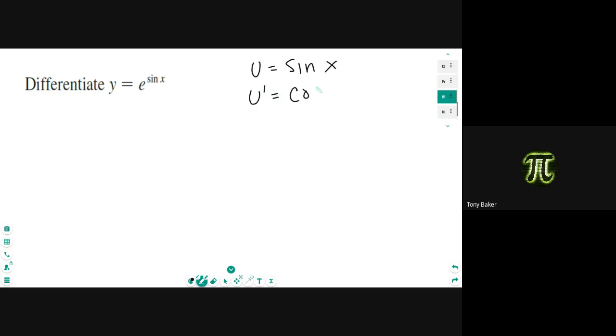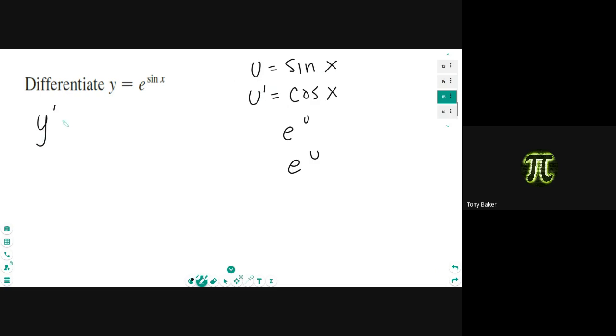Cosine of x. So now I'm just doing e to the u. So y prime is e to the u. So actually, let me not put the y's there. u, eraser, there we go.